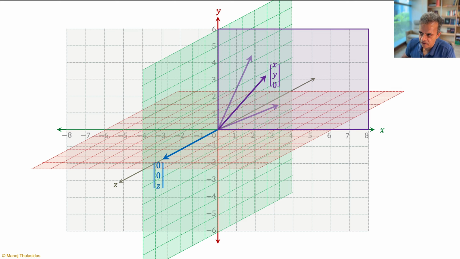Now, as you can see, regardless of what values you choose for x, y, or z, the dot product is 0. More than that, if you take a vector along z, can you find a vector that is orthogonal to it that is not in the xy plane? Can it be anywhere else? Remember, in linear algebra, all our vectors will start from the origin.